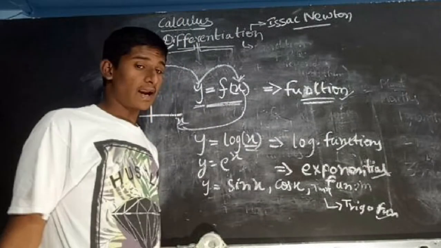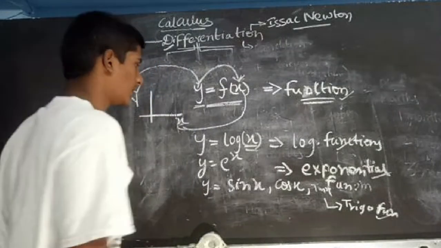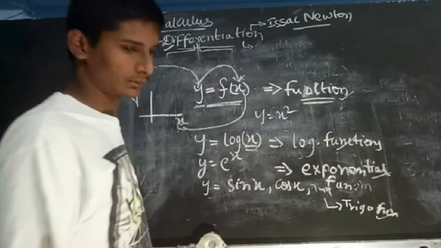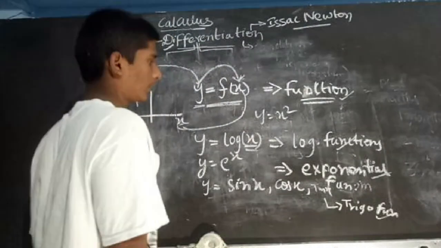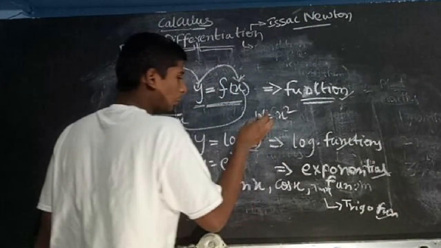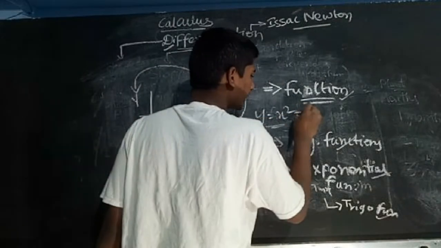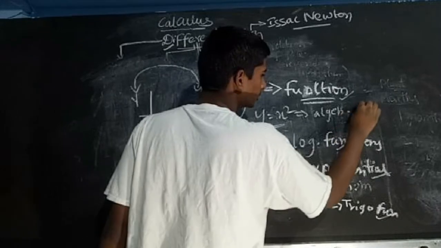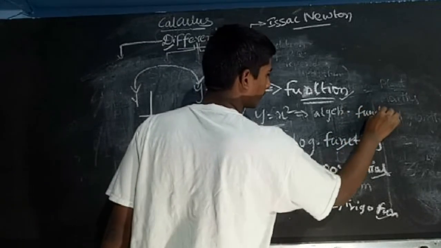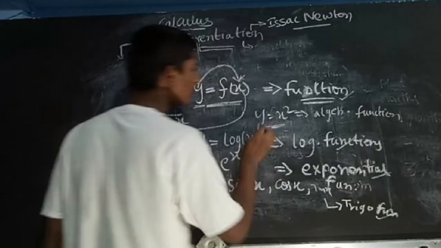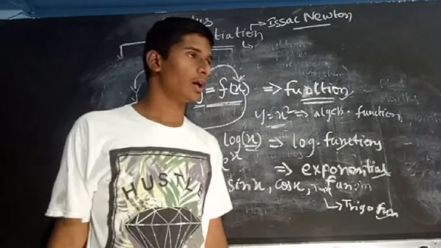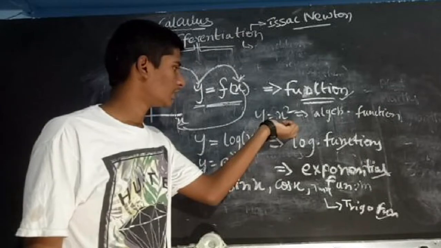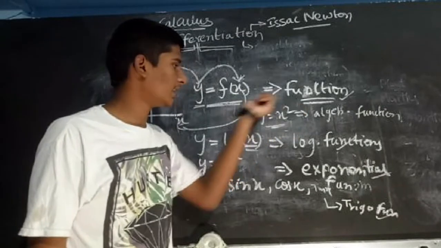Next, one more function is y is equal to x to the power of 2. What is this? This is called an algebraic function. Algebra means there are variables and a degree.